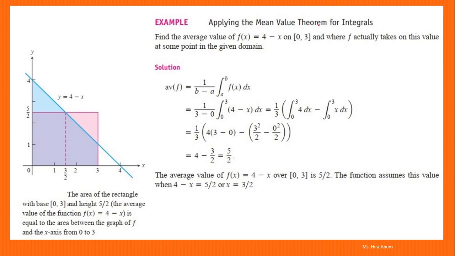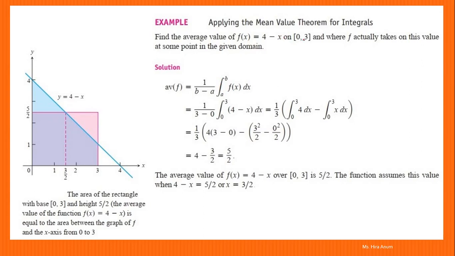Applying the mean value theorem for the integral with f of x equals 4 minus x, where f actually takes on this value at this point. Taking the integration of this function, it becomes 4x minus x square over 2.